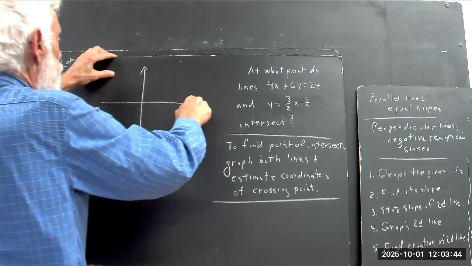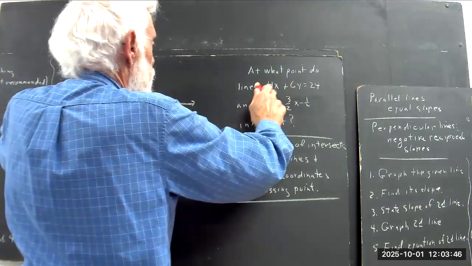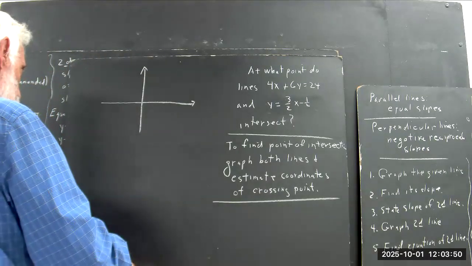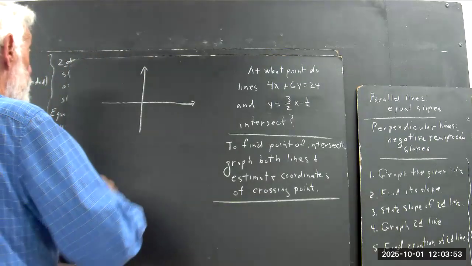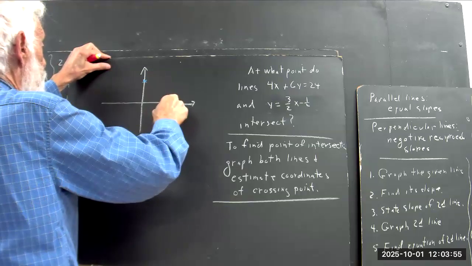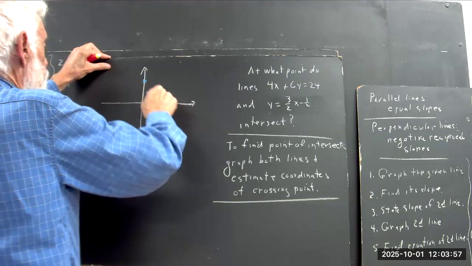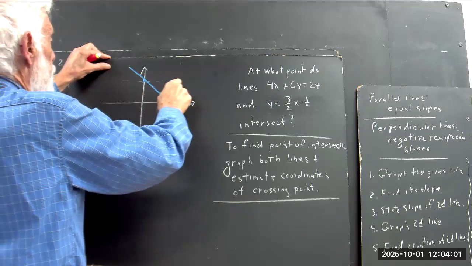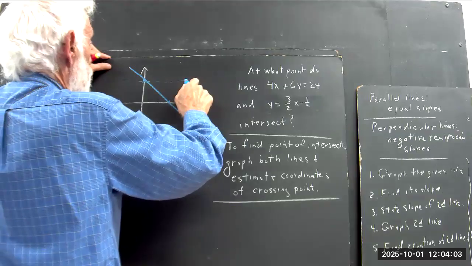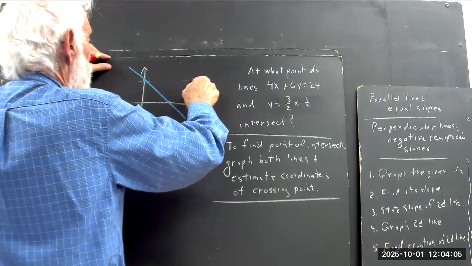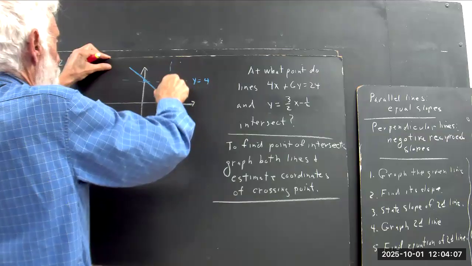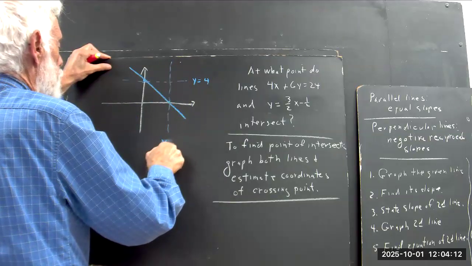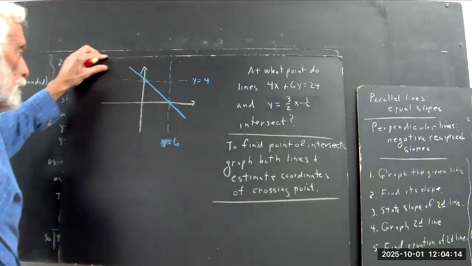Remember that we already found the x and y intercepts of this line, so we can simply sketch it like so, where this is the line where y is 4. This is a line where y equals 6.